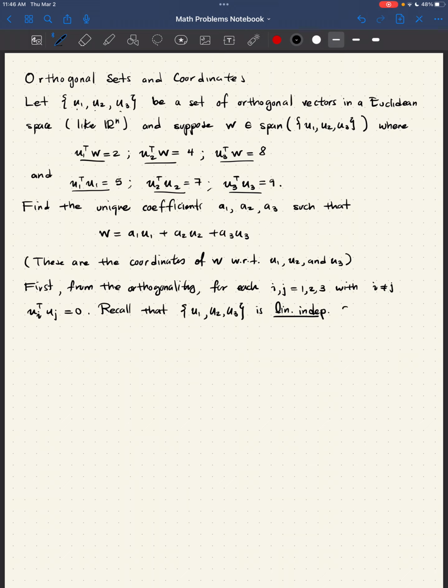So it forms a basis of its span space. Also, the coefficients a1, a2, a3 exist.